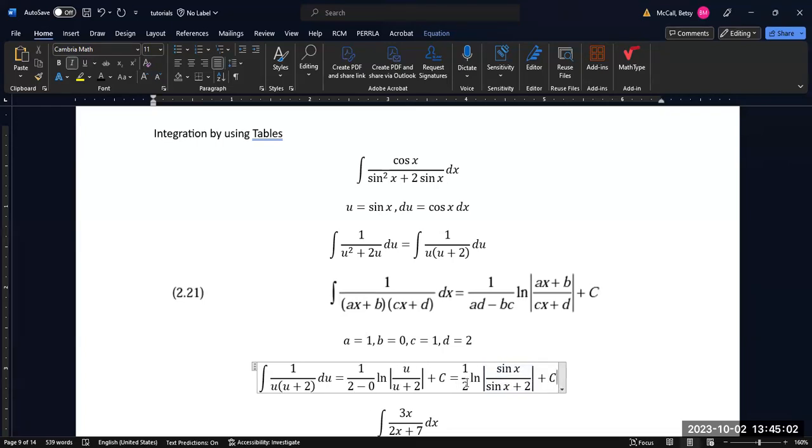Sometimes the trickiest thing about applying integration by tables is not trying to force your integral into a formula that doesn't really fit, but identifying what kind of substitution you need to do in order to get a rule that does in fact work.